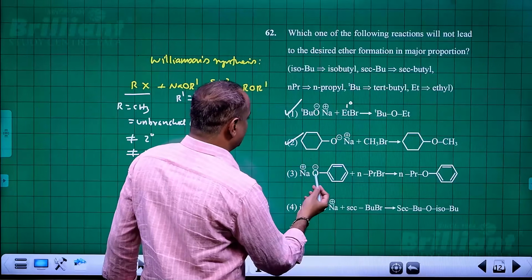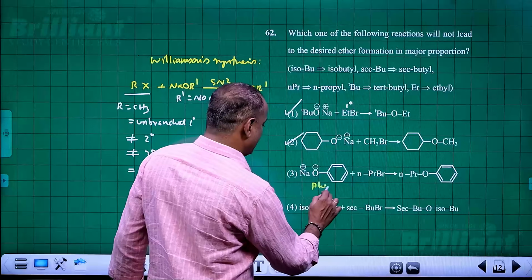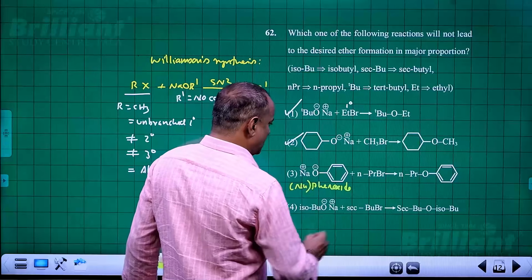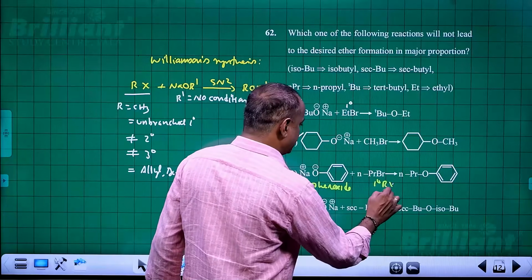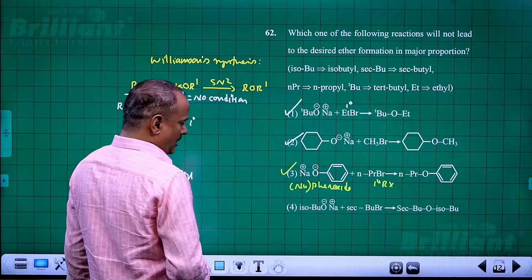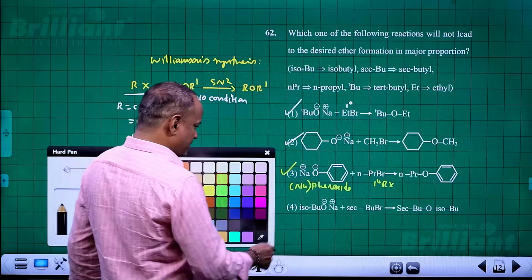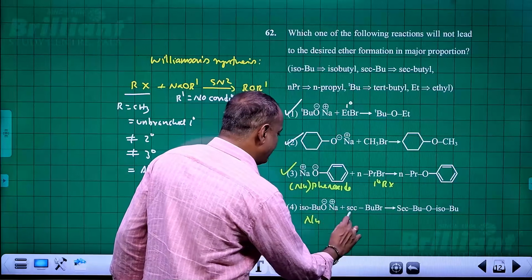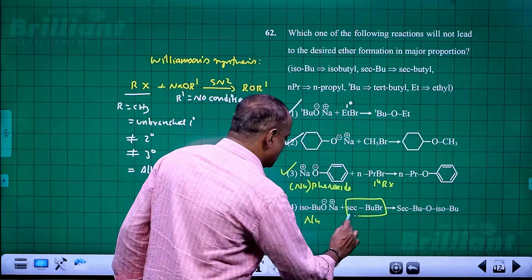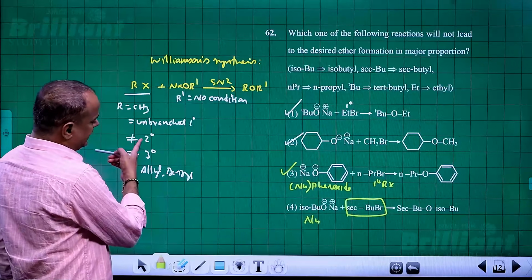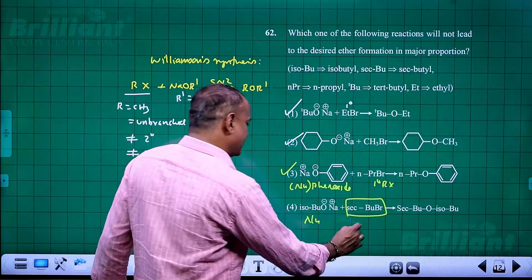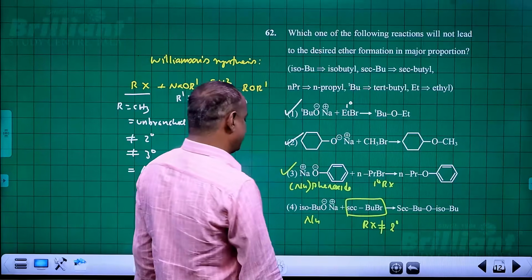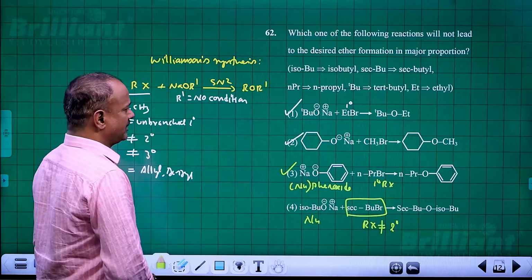Phenoxide is the nucleophile and n-propyl is RX, correct. Isobutoxide, no problem as a nucleophile, can use with no condition, but this is not possible. RX cannot be secondary or tertiary, and this is secondary. That's why not possible. Option 4 not possible.